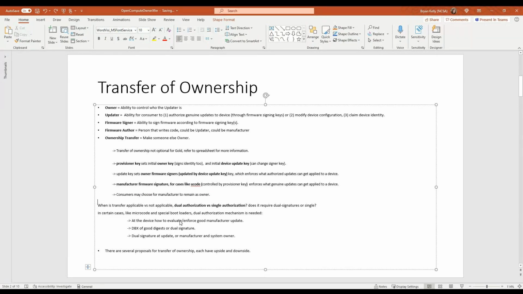It's almost like your second line above, where we say authorize genuine updates. But number 2, modify device configuration, is where we might lump the policies that you need 2 signatures, you can only have this key, you have to have 1, you have to have 2. That might be where we can put that, and then it would fall under the updater's responsibility to control that.